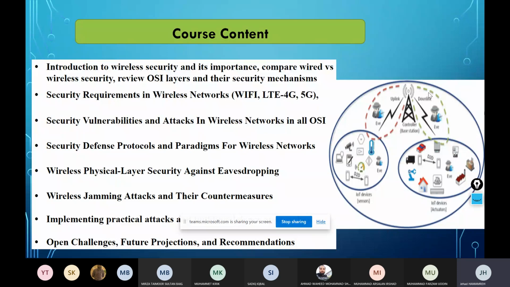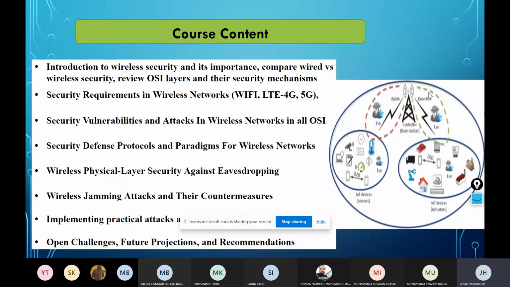Then we will explain the attacks, threats and vulnerabilities that exist in wireless networks in all the OSI layers, from the application through the transport to the network to the physical layer at the bottom.